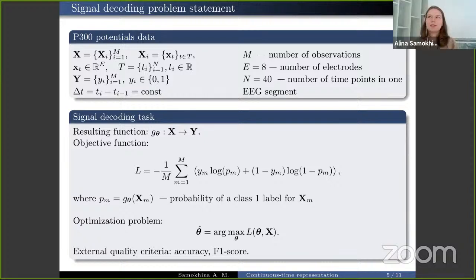Okay, I'll answer the question as I understood it. I'm sorry if I don't get it the first time. The input signal is an electroencephalogram. It is a matrix of size E times n, number of electrodes times number of time points that we have.